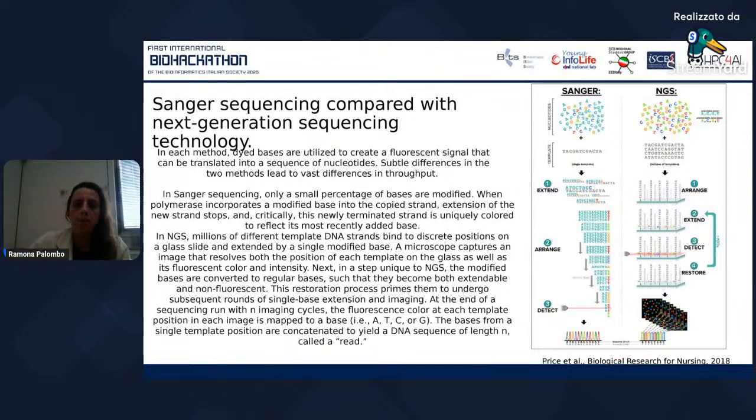Sanger, one of the first techniques for this kind of sequencing, uses a template, our RNA samples, and a mixture of normal nucleotides together with fluorescent nucleotides that have been modified and lack a particular 3' hydroxyl group.